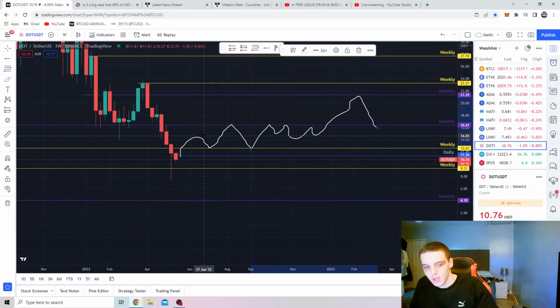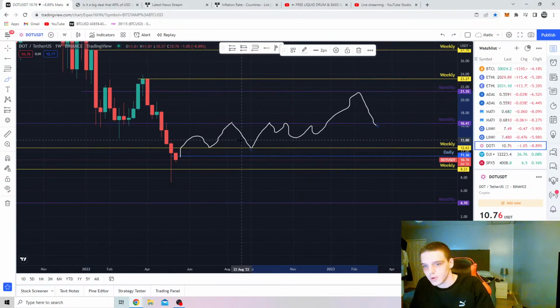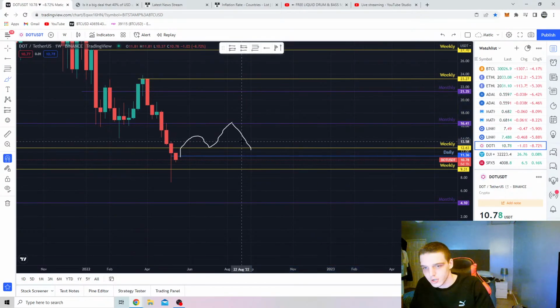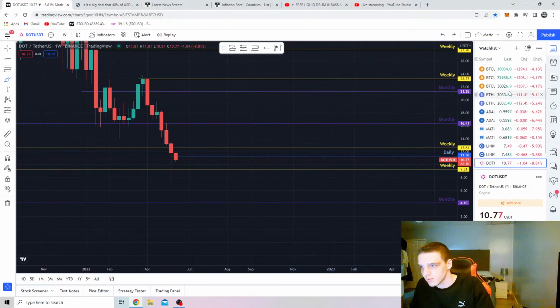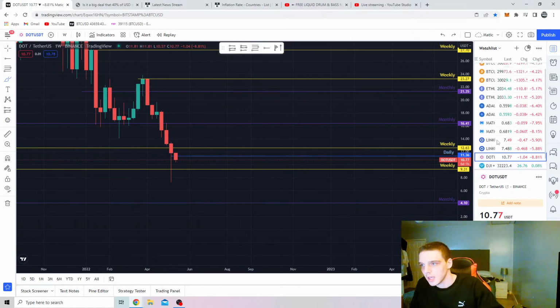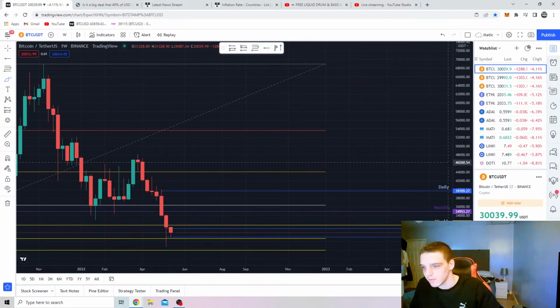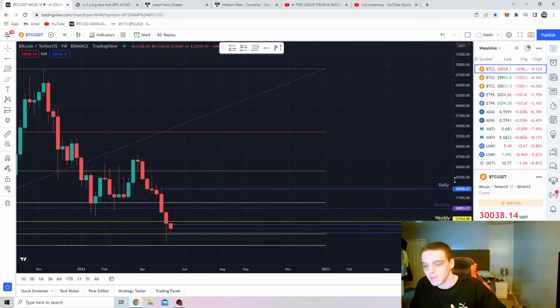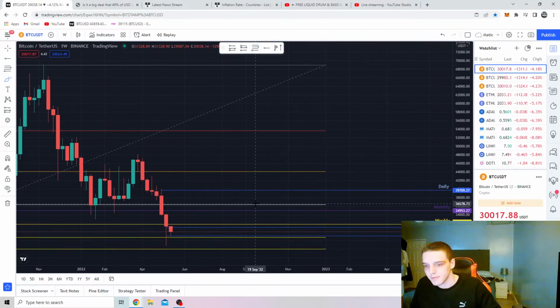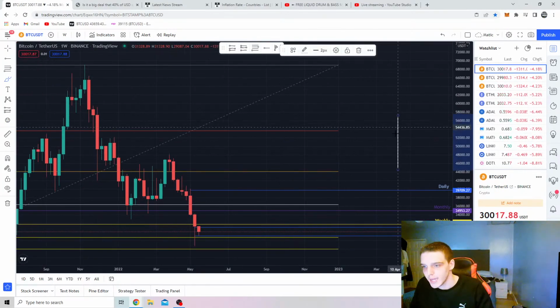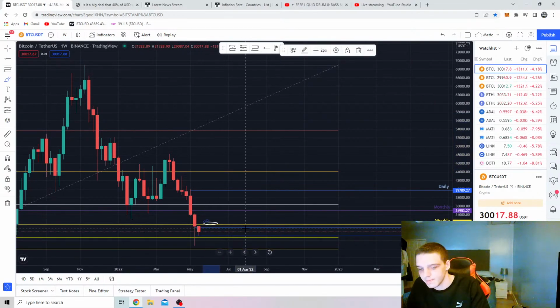So again, if you are looking for an entry and you look at the charts, I'm not a financial advisor, so always talk to a financial advisor first. But basically, if you are looking to trade, looking for an entry, even from a long-term perspective, in my opinion, you want to wait to see us reclaim this 31K area first.